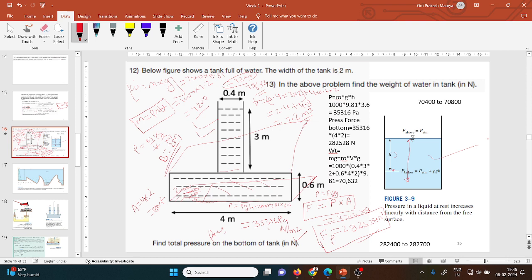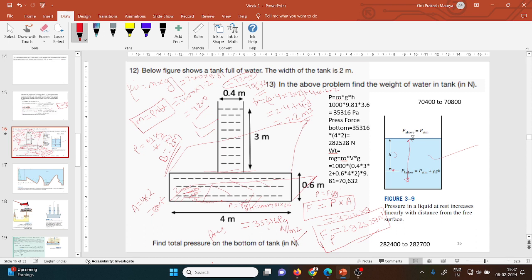Here you can also interpret one thing: if you want to calculate the pressure, there is no meaning of how much the area is. In this question, the area or volume of the upper part is very much less compared to this. There is no effect of the volume of water on the pressure, because it depends on your density, your gravity, and the height of the water.